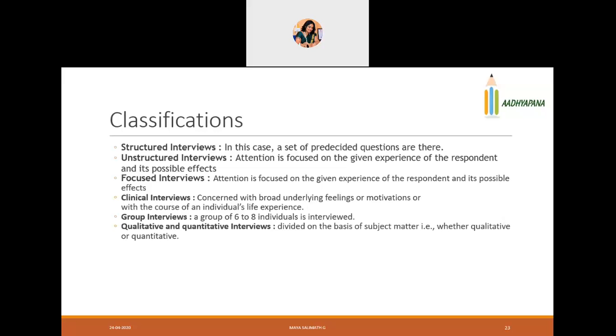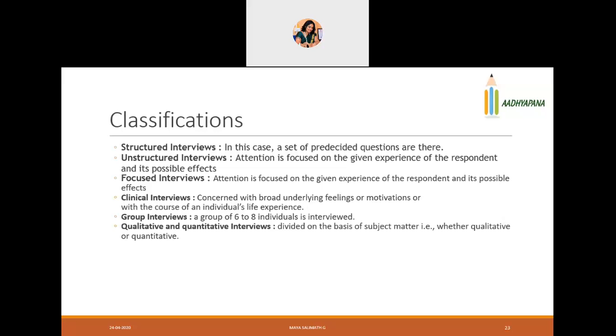Qualitative and quantitative interview: you collect qualitative data and you collect quantitative data. Say, for example, when you are doing an interview, you just ask how many times you do shopping in a month. The numbers which you collect from the respondents become your quantitative data.